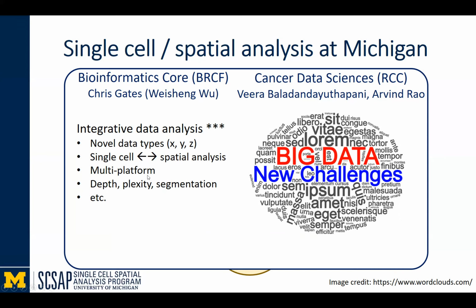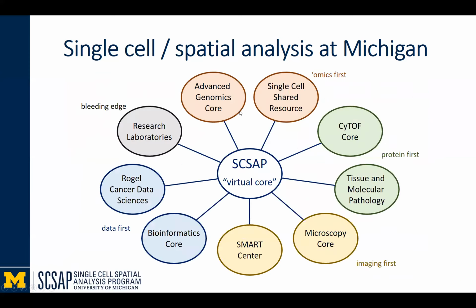We have multiple platforms, and actually seeing those data play nicely together in single analytical platforms is a goal, among other things that I can mention, and I won't, because Arvind Rao is going to be giving a presentation on our efforts to marry activities through the Rogel Cancer Data Sciences group and the bioinformatics core led by Chris Gates. So again, you'll hear more about that in just a minute.